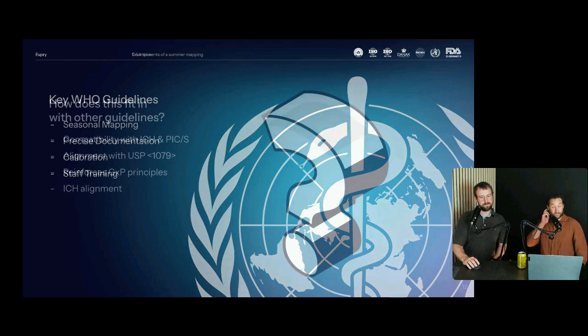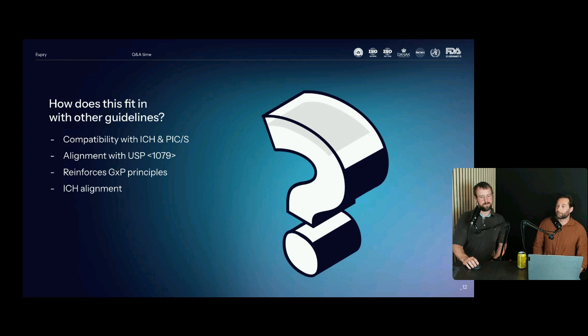That was also what I mentioned before: how WHO fits with all the other regulations when it comes to temperature mapping, right? This was a fairly new topic for me, so I really dove a bit more into it. And it's a red thread throughout all of those different guidelines and their relation to WHO.